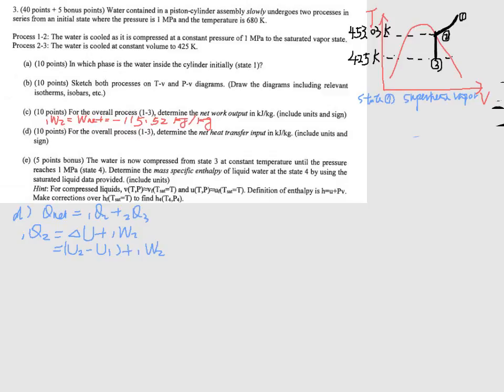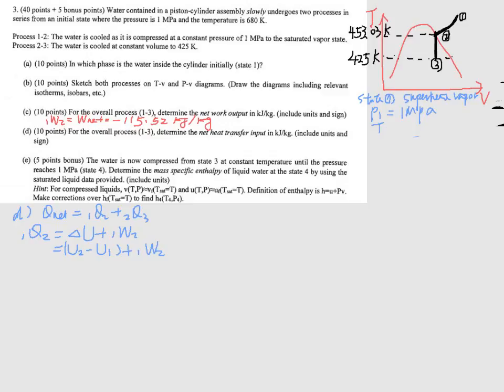So if we want to find any property values about state 1, we need to go to the superheated vapor table. In order to find the right table, we need to know the pressure. At state 1, we know pressure is 1 megapascal, so we're going to find the table that has 1 megapascal on it.